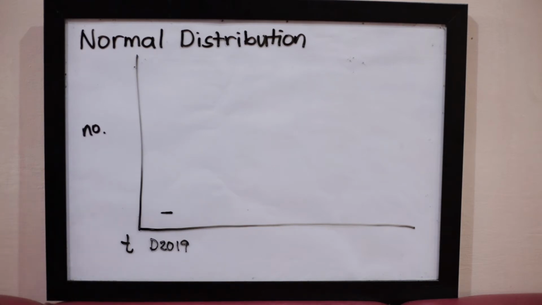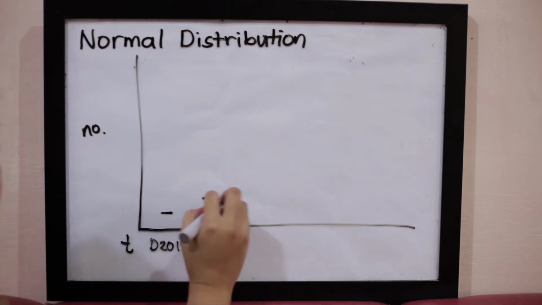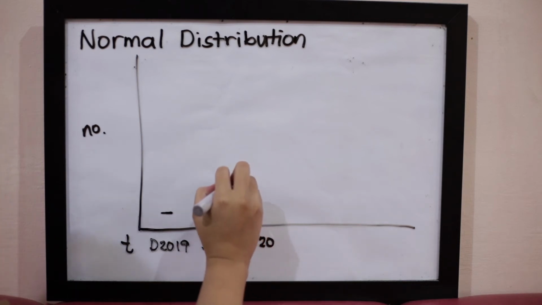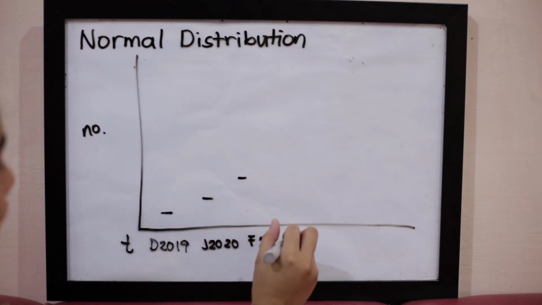Then, as we move on to the following year in months, we all know that the number of patients with this virus increases. So, graphically, let's say this is January 2020, and we will have an increasing pattern. Around February 2020, approximately we have this kind of increasing pattern.